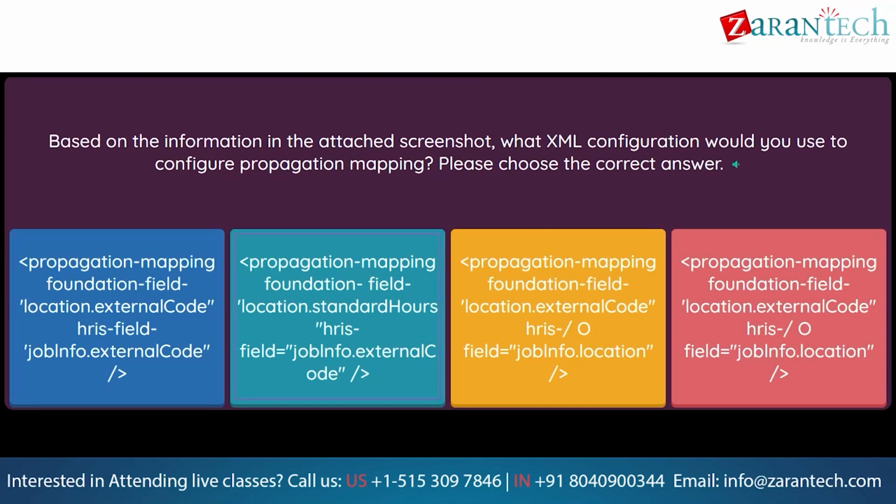Propagation mapping foundation field &#39;location.standardHours&#39; hris-field equals &#39;jobInfo.externalCode&#39;. Option 3. Propagation mapping foundation field &#39;location.externalCode&#39; hris-field equals &#39;jobInfo.location&#39;. Option 4. Propagation mapping foundation field &#39;location.externalCode&#39; hris-field equals &#39;jobInfo.location&#39;.